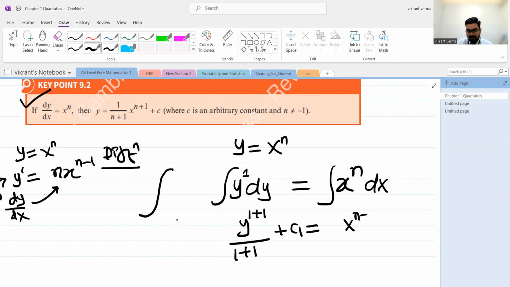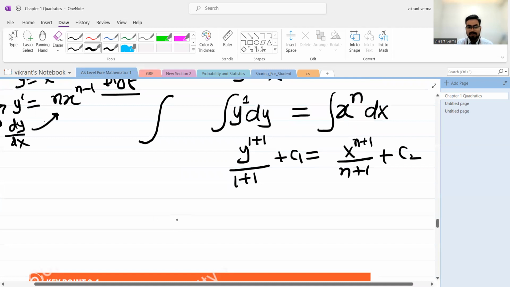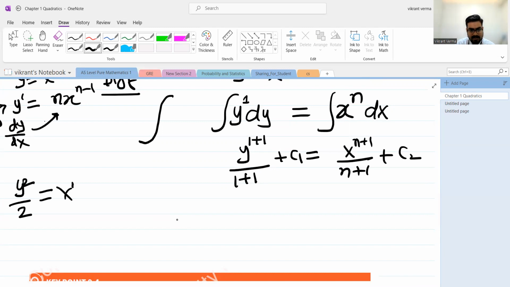Similarly, if I apply the same formula on the right side, it will give another constant c2. Now it is converted into y squared upon 2 equal to x raised to the power n plus 1 upon n plus 1.